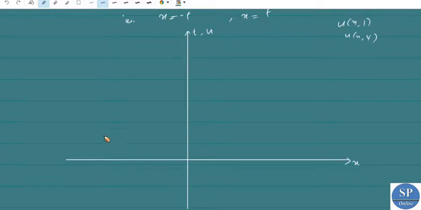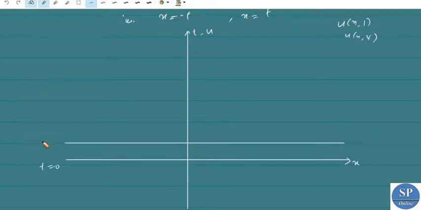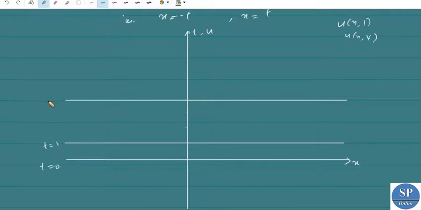So this is the line t equal to 0, and we can take this as the line t equal to 1. Also we need the line t equal to 4, so 2, 3, 4. So this is t equal to 1 and this is t equal to 4. We need to plot the graphs of this u of x,t at t equal to 1 and t equal to 4.